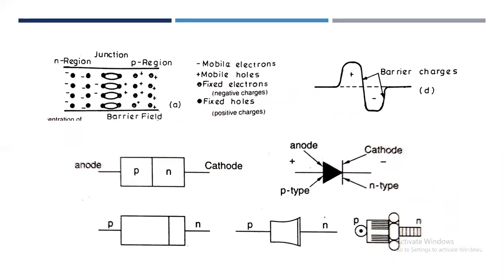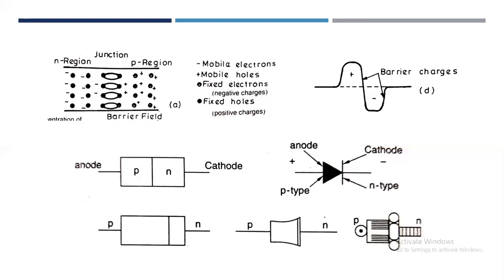Examining this figure A and this figure D, we see that on opposite sides of the PN junction, there are regions containing immobile charges of opposite sign in close proximity to each other. This is the situation that exists in any capacitor.